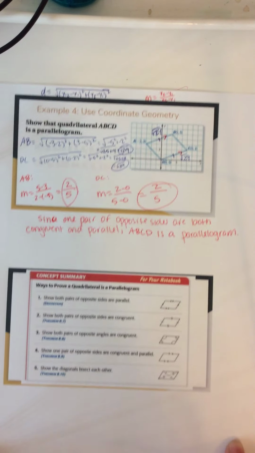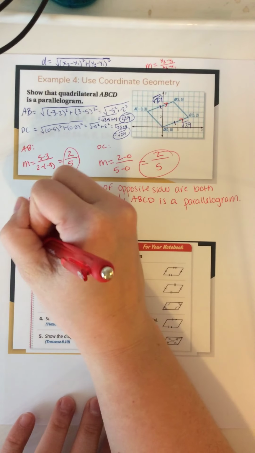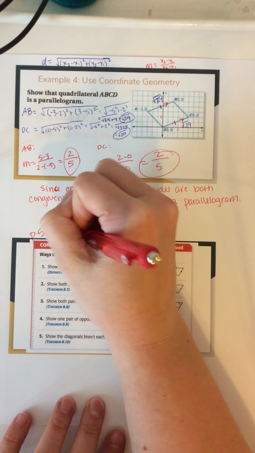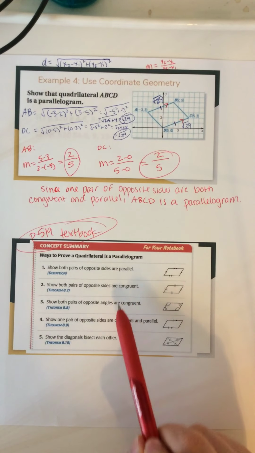So to wrap things up, there's this nice chart for you that has all the theorems in one place. This is on page 519 in your textbook. It's just a nice little list of all these theorems.